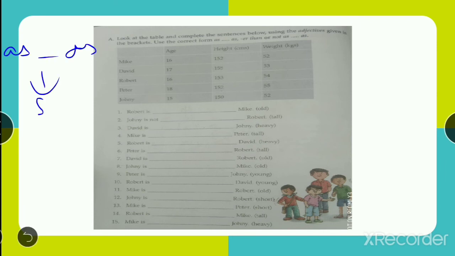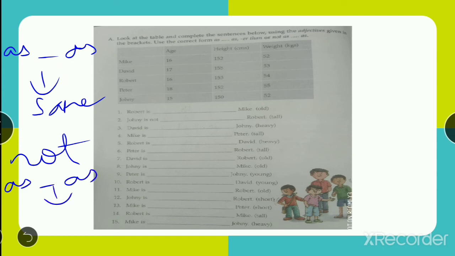When do you use as dash as? When we are talking about something the same. But if you have not as dash as, it means not the same. Is it understood? So what you are supposed to use today: as dash as, er than, or not as dash as.